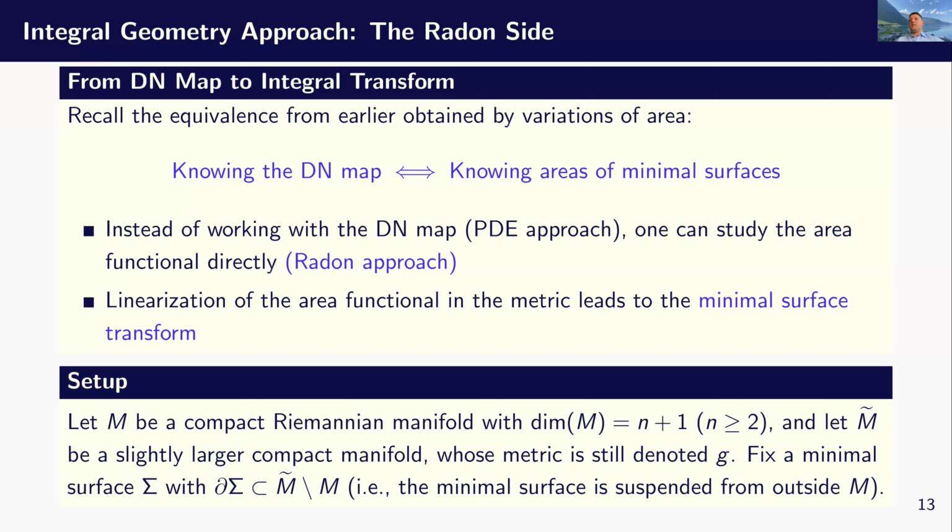And I denote the metric of M tilde still by g. And then I fix a minimal surface, sigma, which is suspended from outside of this M. So this is for technical reasons. The boundary of sigma is in M tilde minus M. So M tilde is bigger than M, and sigma lives inside M tilde.